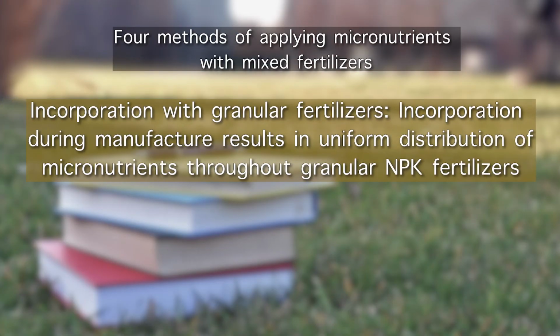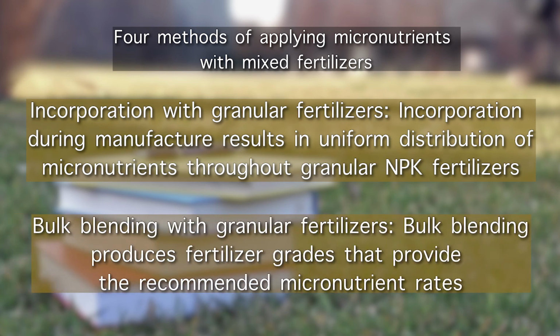When we talk about fertilizer or granular form, there are four major ways of adding micronutrients. One is incorporation into the granular fertilizer. Second is bulk blending with the granular fertilizer, where we give the exact micronutrient dose so that they can be easily absorbed.